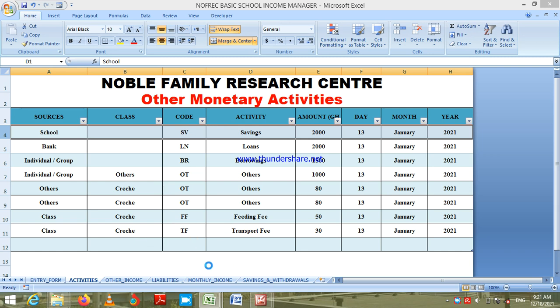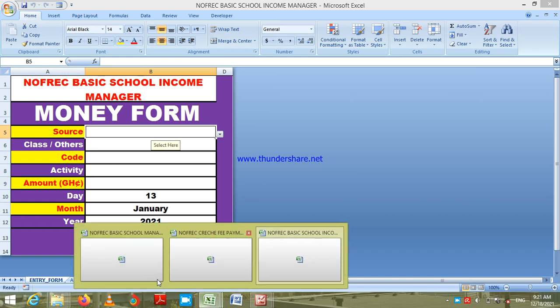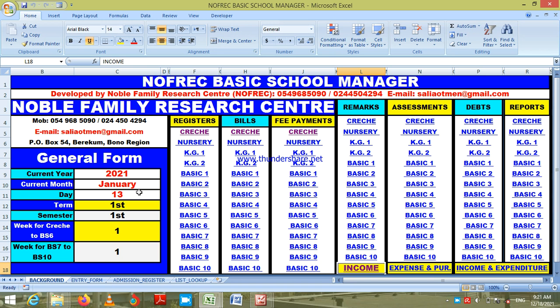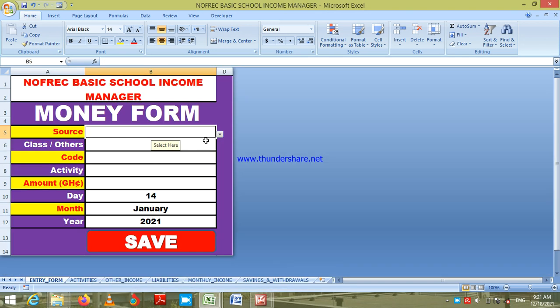Wait small for the system to respond. Then on the next day, that is on the 14th, and I said earlier when we changed the date here, on 14th of January, we needed 500 cedis to support ourselves. So we went to the bank, this time the Sources Bank, and we did a withdrawal.